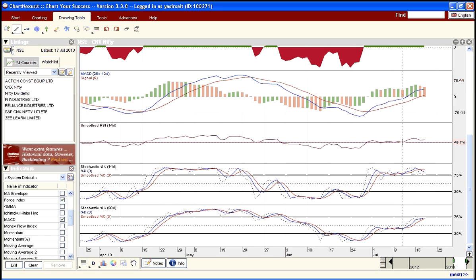I also use the stochastics indicators, the fast stochastic and the slow stochastic. I have modified this to a 14-day and a 15-day and a 40-day stochastic. Now the 14-day stochastic, once it crosses the 25% mark positively over here, is when it gave an indicator. Similarly, the 40-day crossed the 25% mark also approximately at the same time.